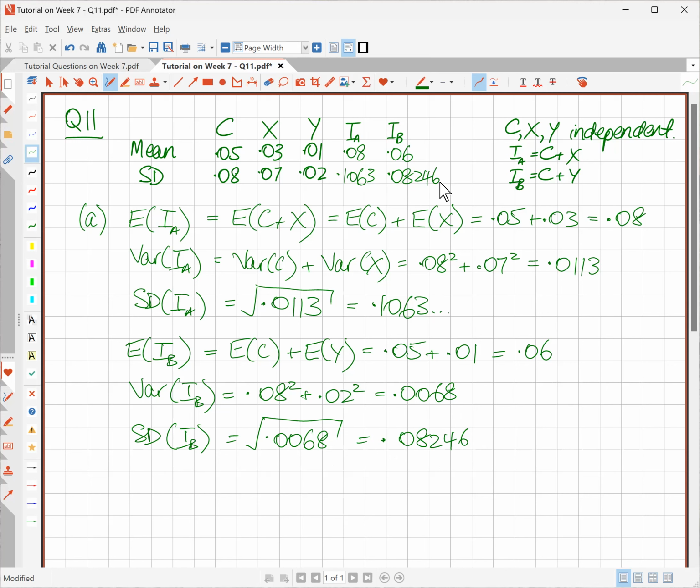Okay, so that completes our table of information up the top with the expected returns on the two assets.